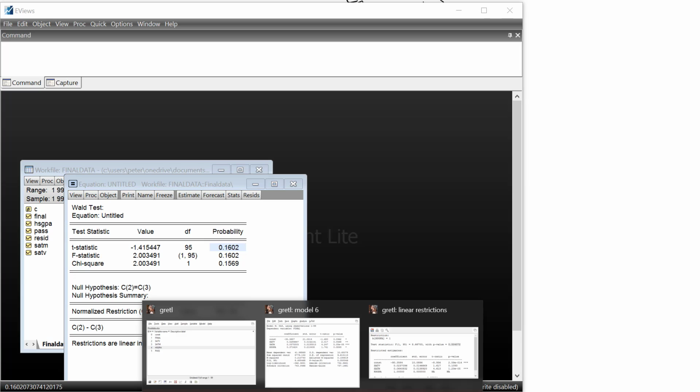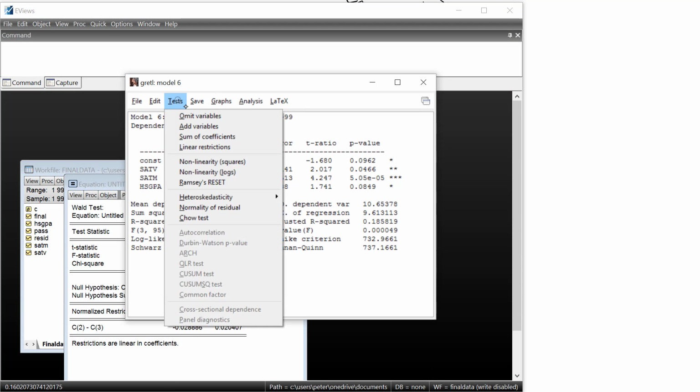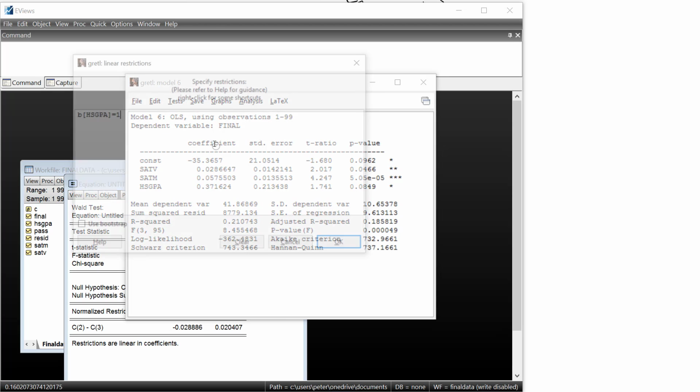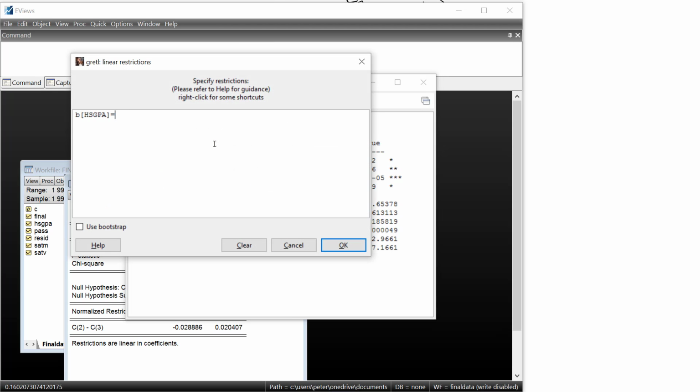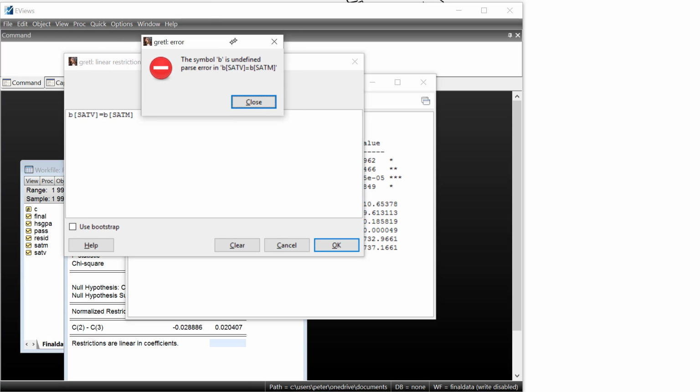And in Gretl, finally, you would do something similar. You would do test, linear restriction, and you would write B, SATV equal to B, SATM. We get the p-value. Actually, that gave us an error.